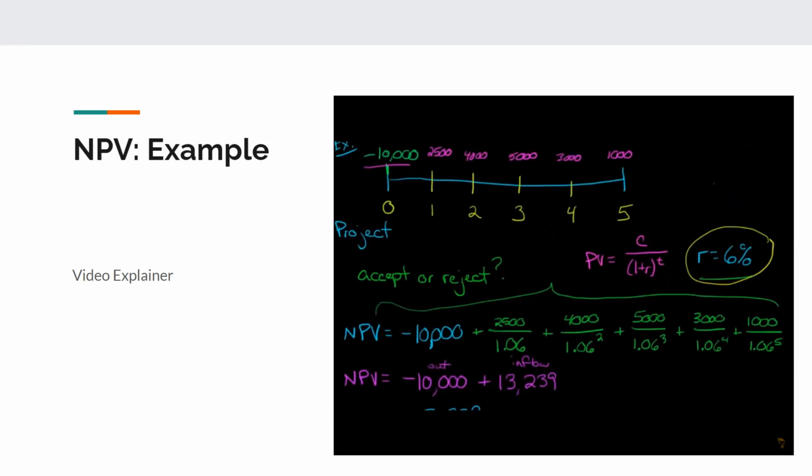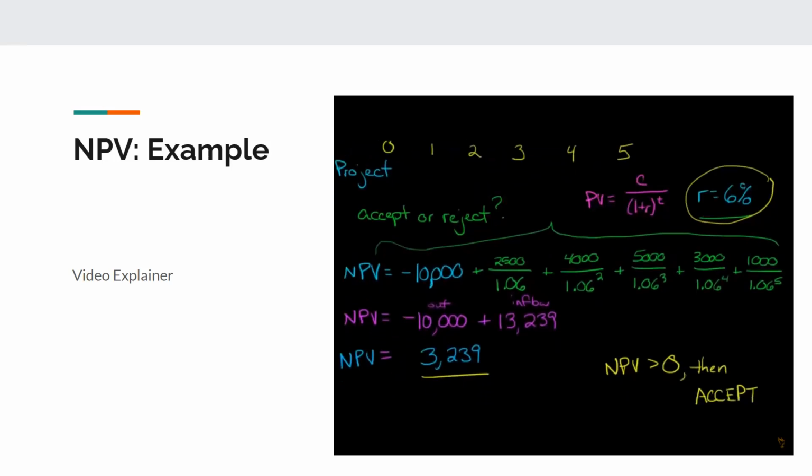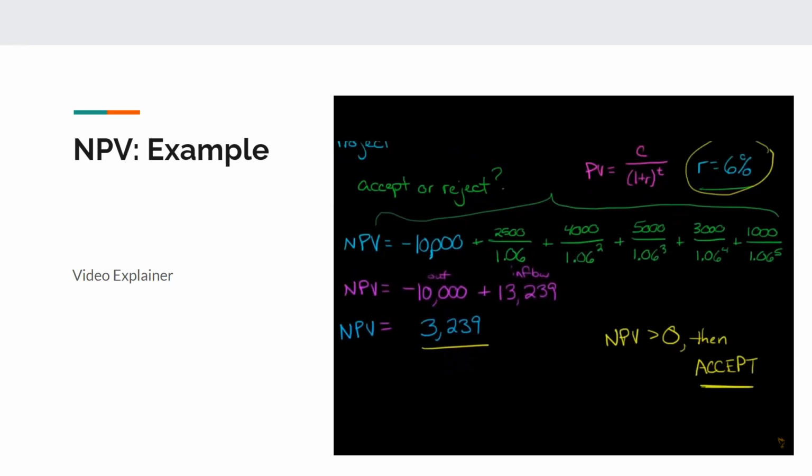Maybe you could have invested it in stocks or bonds or something that would have earned us this 6% return. So the capital is not free. The money to do this project is not free. It could have been deployed elsewhere to earn a return. And so when the NPV is greater than 0, what this is basically saying is that we have added value to the firm above and beyond the 6% that we otherwise could have done with that money.